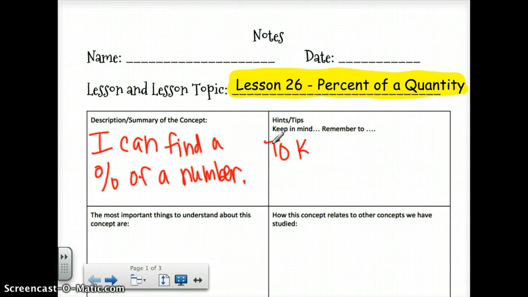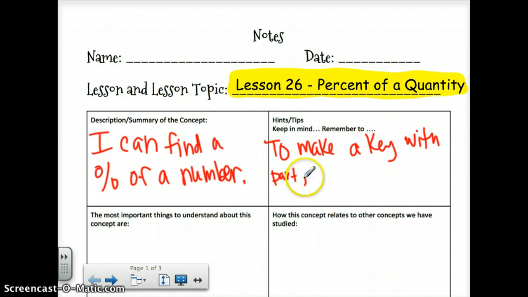So we're going to write to make a key with part, whole, and percent. So when we're working through a question, we can make a key and we can label each so that we can identify what is the part, what is the whole, and what is the percent. Alright, nod your head if you understand what I'm saying. Okay?